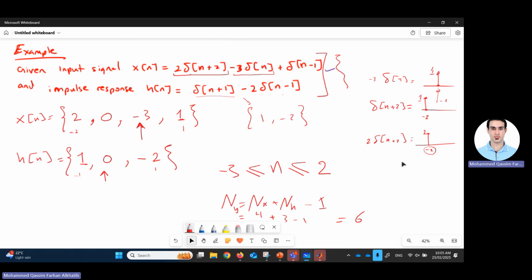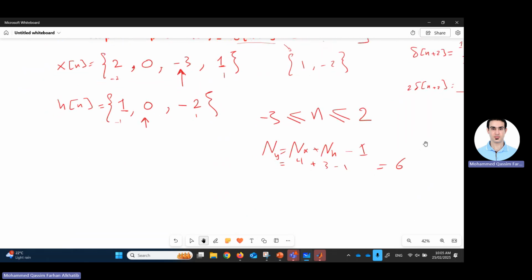Let's do it with the tabular format. Again, it's optional. Tabular matrix is up to you. So I'll do it this way. I'm going to do the matrix one. 2, 0, -3, and 1. And I have 1, 0, -2. 2 times 1, that is 2. 0 times 1, that is 0. -3 times 1, that's -3.